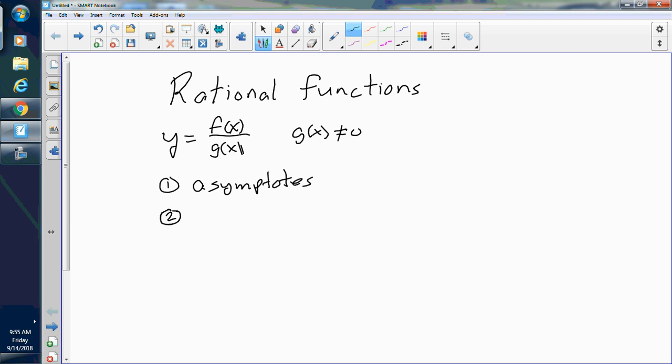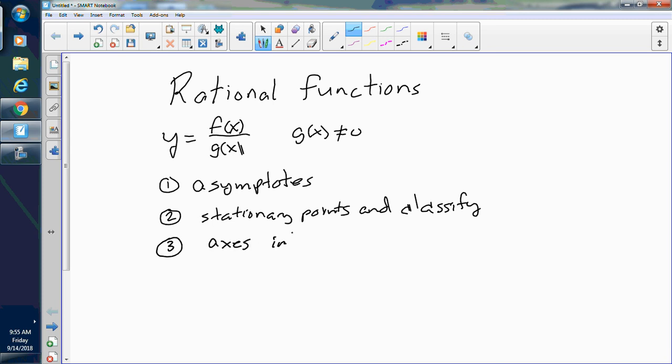Secondly, we'll want to find the stationary points and classify them. And thirdly, we want to find the axes intercepts.